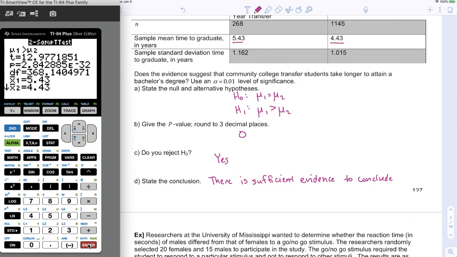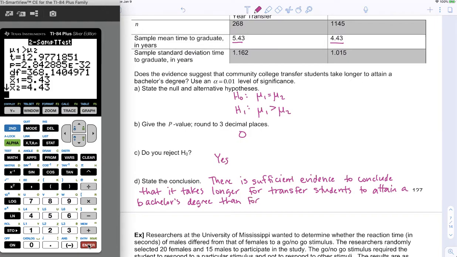So there is sufficient evidence to conclude that it takes longer for transfer students to attain a bachelor's degree than for students who do not transfer.